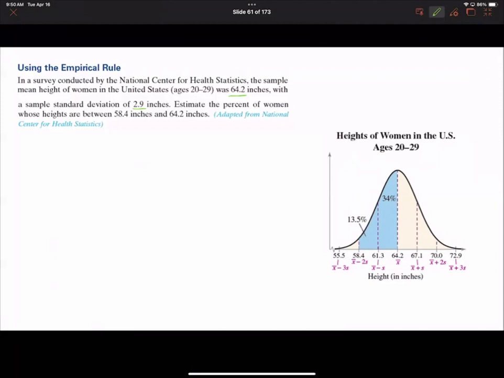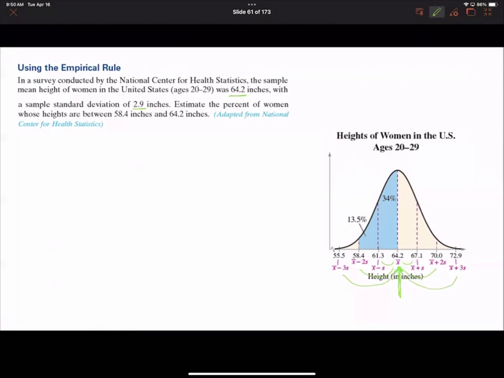The mean, or the balancing point, which is located in the middle, is 64.2. One standard deviation away from the mean is located here, then 2 standard deviations away from the mean and 3 standard deviations away from the mean. But take a look.